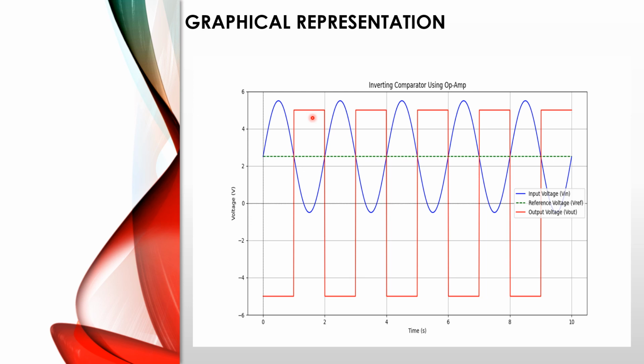Whenever V in is greater than V reference, the output again swings to minus VCC, and this continues as long as V in is greater than V reference. Whenever V in is less than V reference, again we get positive VCC. So in this way, we apply a sinusoidal input voltage at the inverting input terminal and a reference voltage at the non-inverting input terminal, and we get a square wave at the output of the op-amp. So this is the graphical representation of the inverting comparator using an op-amp.